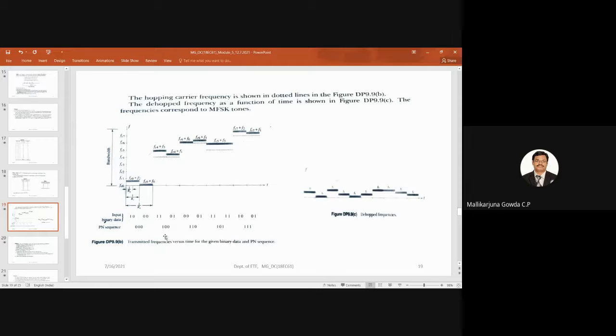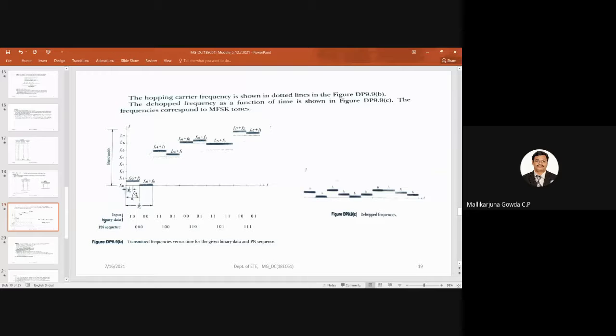Here FC0, and this is FC4, FC6, FC5, and this is FC7. Since it is 1 0, and 0 0 is F0, 0 1 is F1, 1 0 is F2, I can write this as FC0 plus F2, shown here.